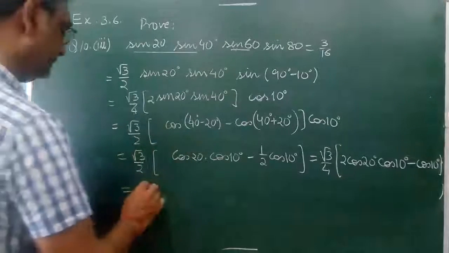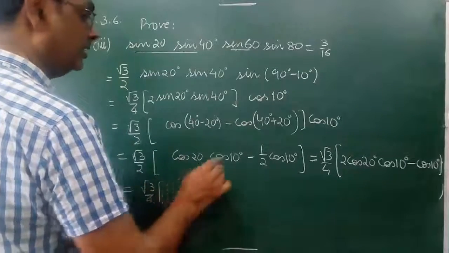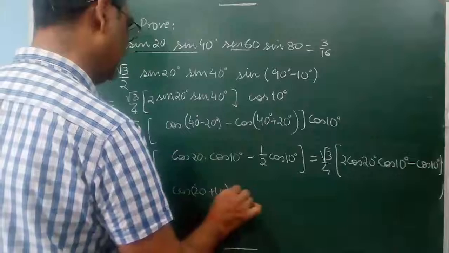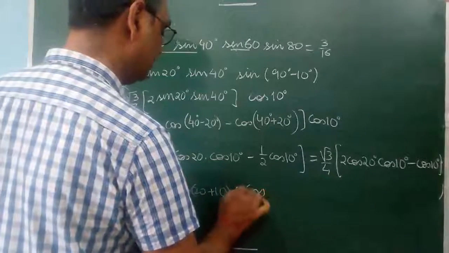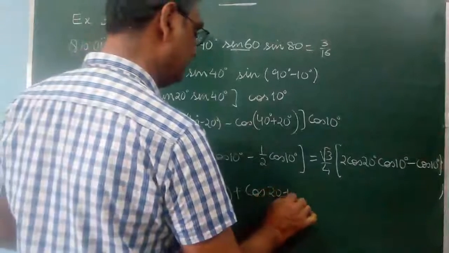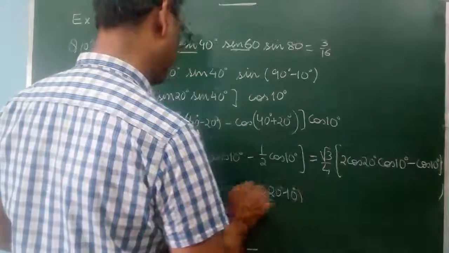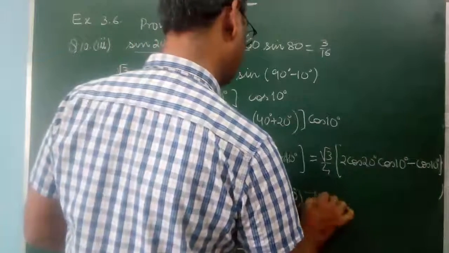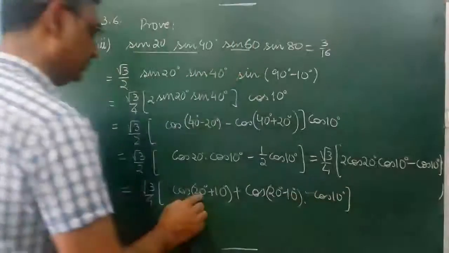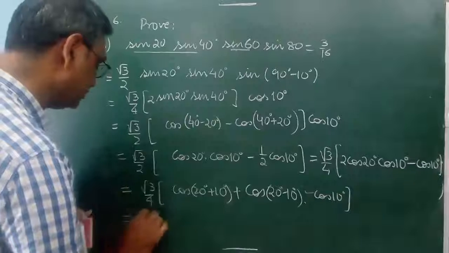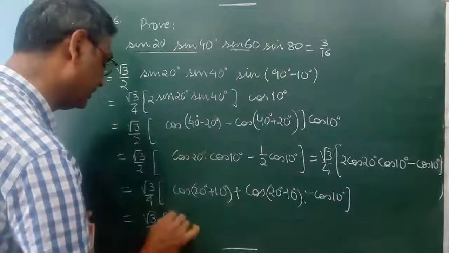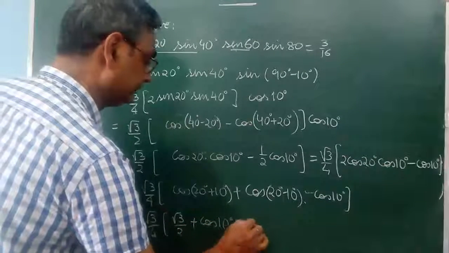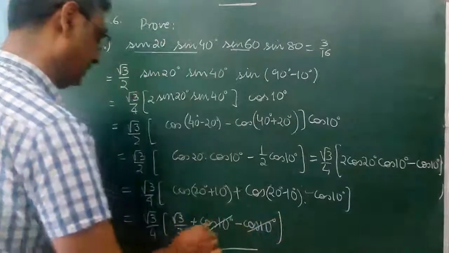We can apply the formula there. So root 3 by 4, cos 20 cos 10, so cos 20 plus 10 plus cos 20 minus 10, minus cos 10. 20 plus 10 is cos 30, and cos 30 is root 3 by 2. So what we have got?